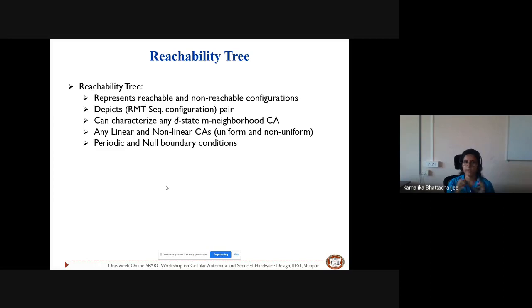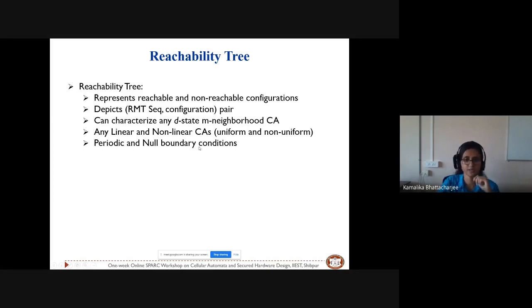So a pair is combined together in the reachability tree. And the beauty of the reachability tree is that it can characterize any d-state, any neighborhood CA, be it linear, non-linear, uniform, non-uniform, doesn't matter. For any boundary condition also, we can develop the reachability tree.